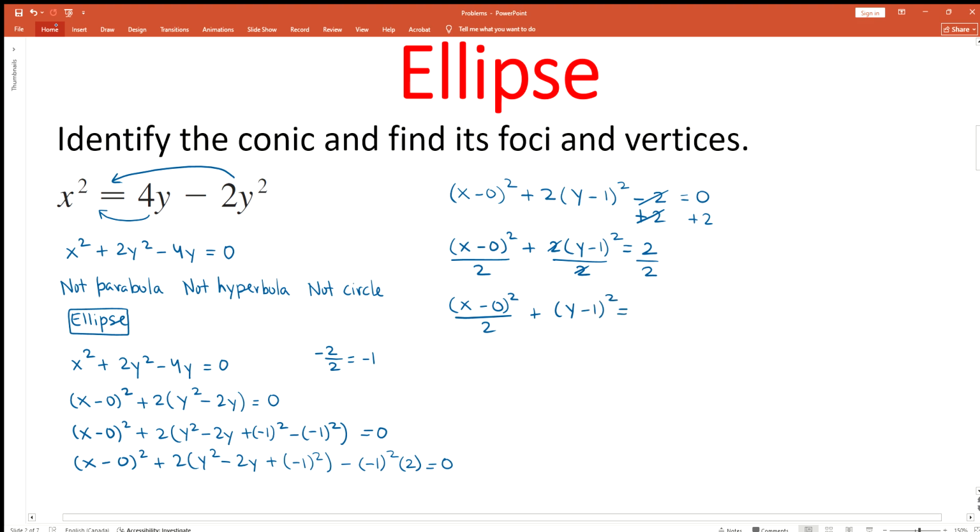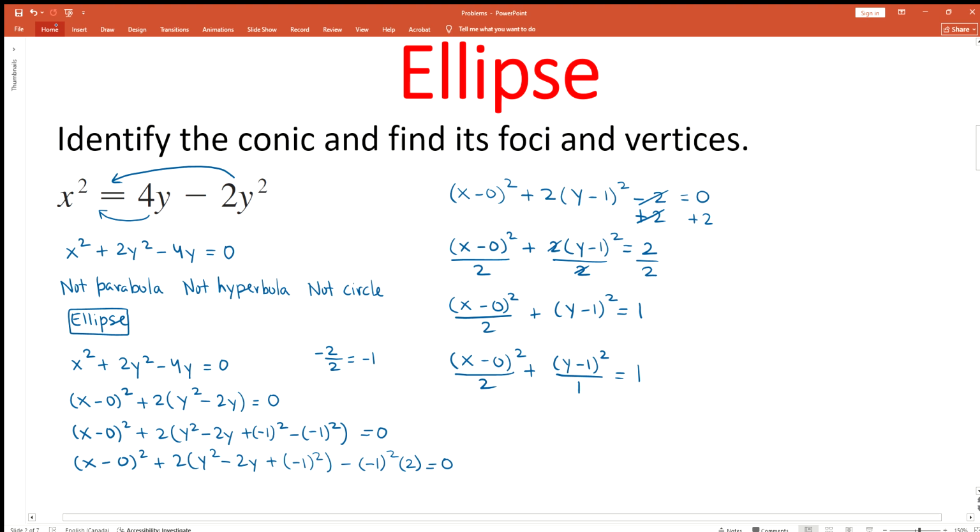Two divided by 2 is equal to 1. In this equation, the denominator of y minus 1 square is 1. So we can write this equation as, this is the equation of the ellipse in standard form.